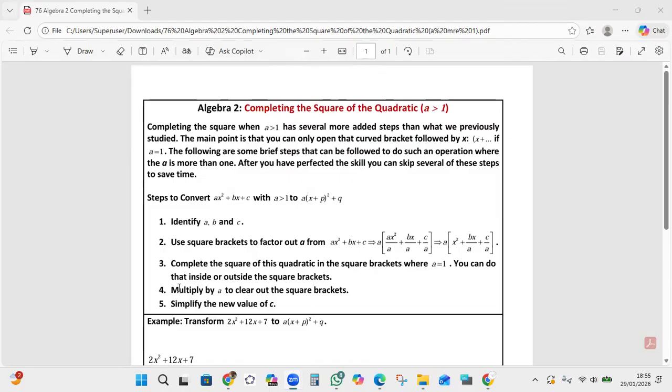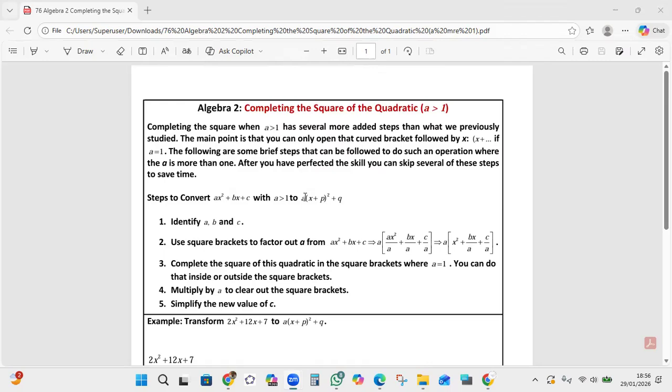Now after you have done that completing the square, remember the steps that we followed in slide 75, you multiply by a to clear out the square brackets because remember completing the square has a curved bracket. Anytime you complete the square, your answer must have a curved bracket with a outside of the first bracket, the opening bracket.